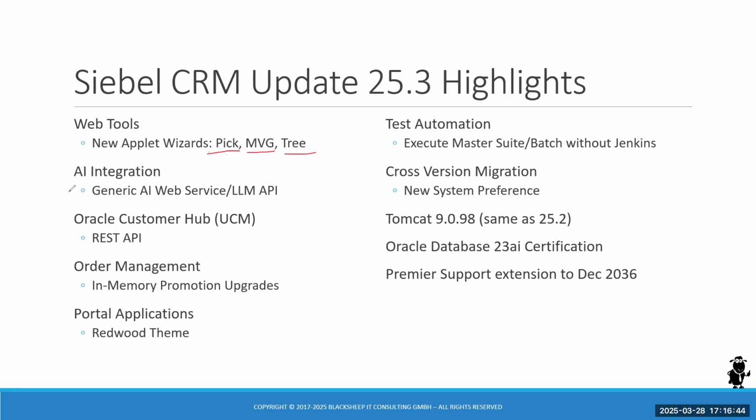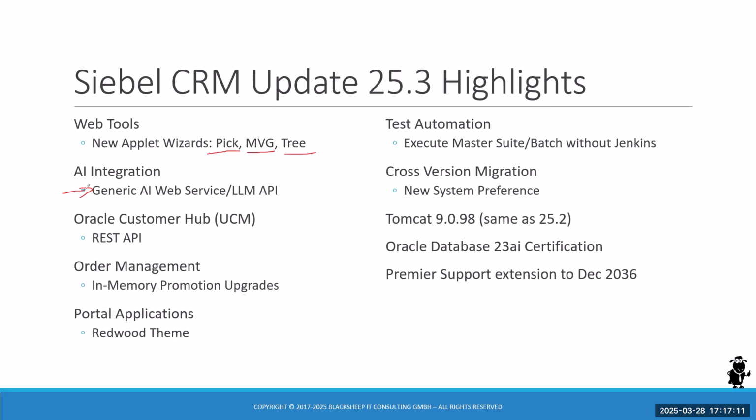A very interesting new business service arrived with regard to AI integration, the generic AI web service. So you can connect to any LLM like OpenAI, Anthropic, you name it, through a Siebel business service. You send a prompt, you get the response, and it makes an outbound REST call.